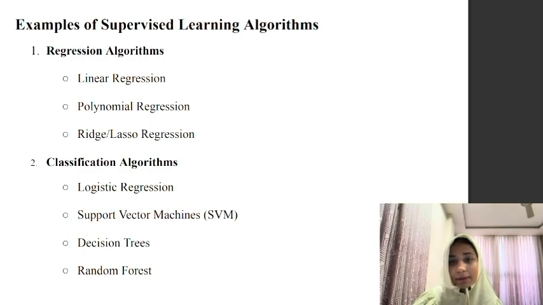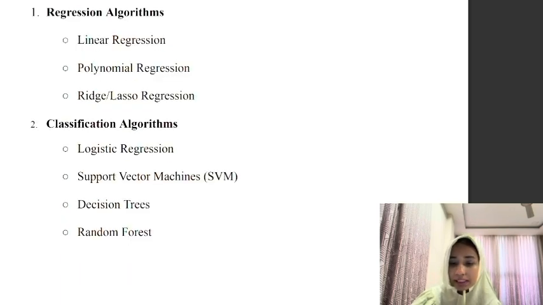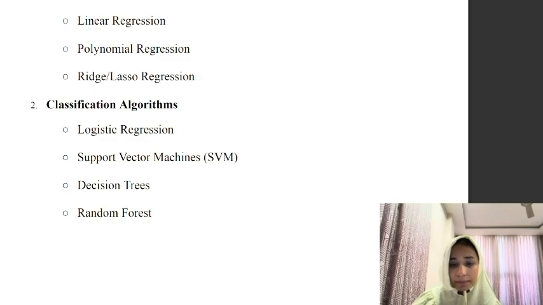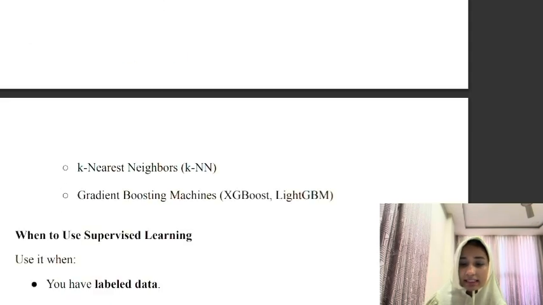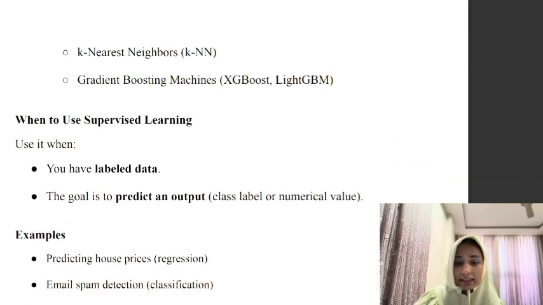The second type is classification algorithms, which also have various types: logistic regression, support vector machines (SVM), decision trees, random forest, k-nearest neighbors (KNN), and gradient boosting machines like XGBoost and LightGBM.